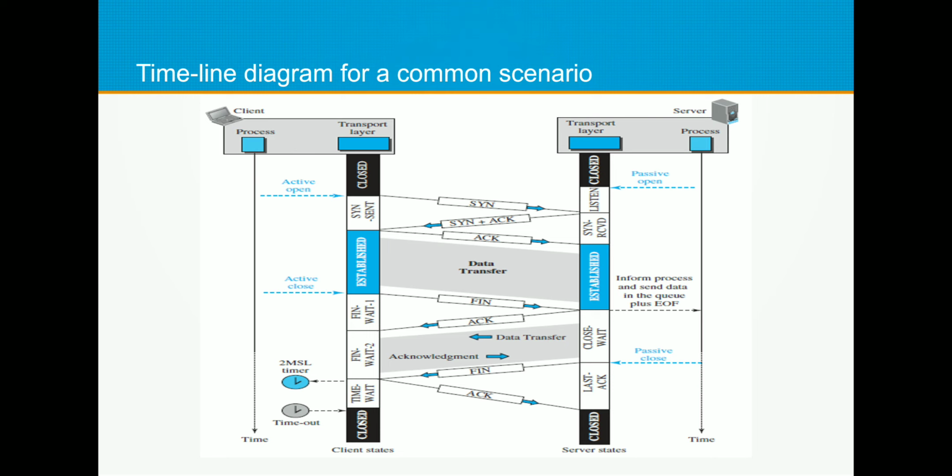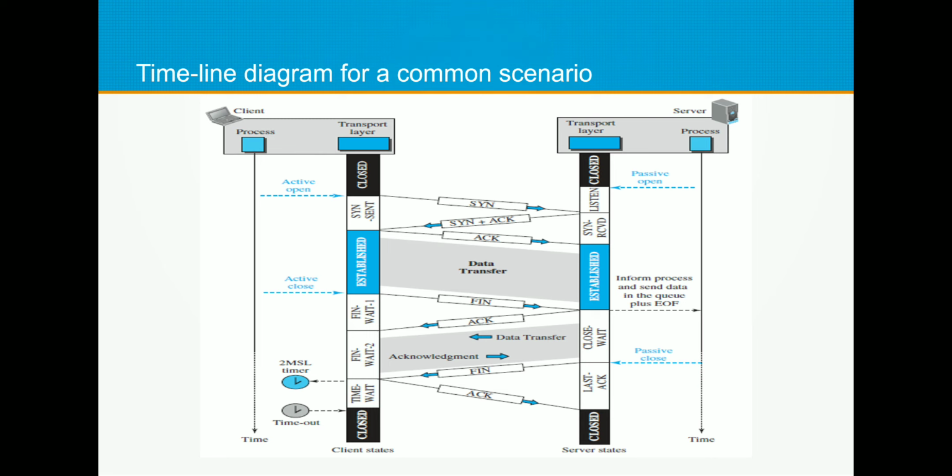Similarly, let's say at some point the client has sent a request for a connection establishment by sending a SYN. Before it gets an acknowledgement, it will be in the SYN sent state. It changes from closed to SYN sent, and it is waiting for the acknowledgement to arrive.